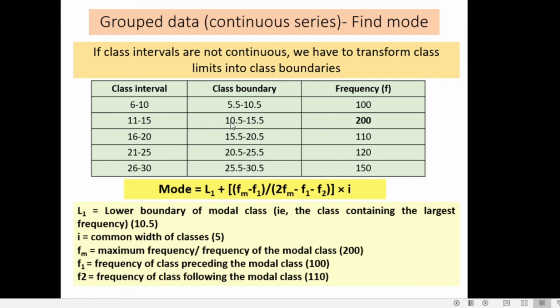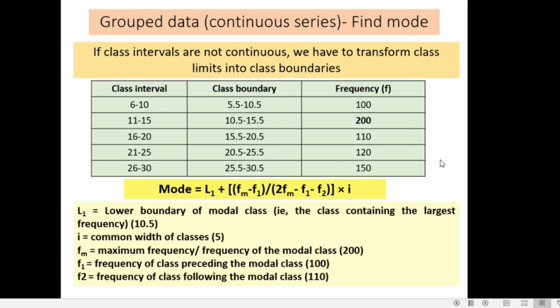Fm is the maximum frequency, that is 200. F1 is the frequency preceding the modal class, that is 100. F2 is the frequency following the modal class, that is 110.